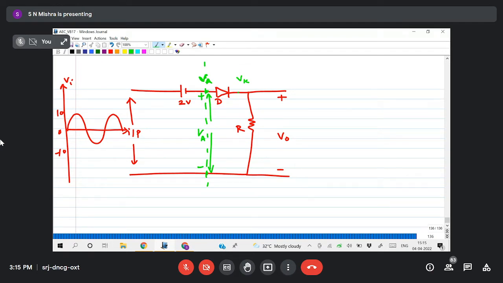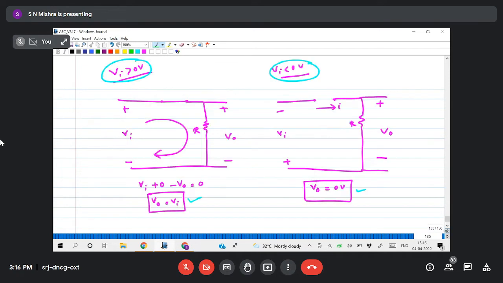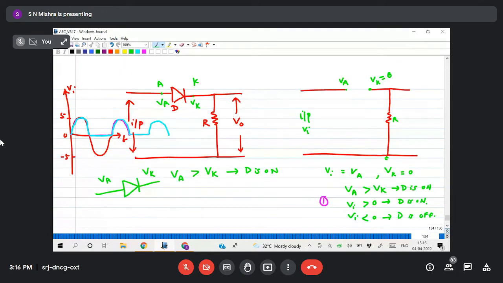Now according to my condition, VA must be greater than VK. What is VK? If you open the diode, then K must be 0. When the diode is not there, what is VK?